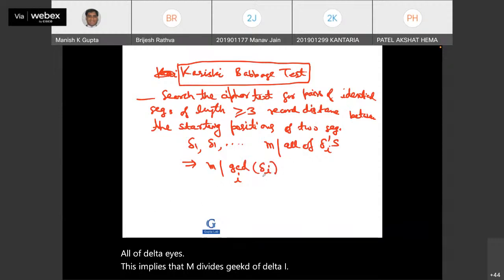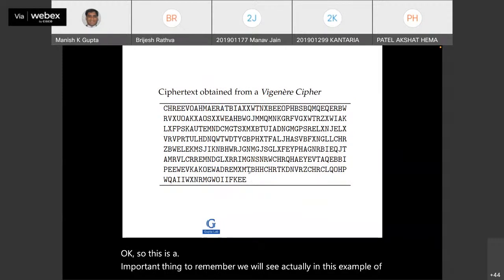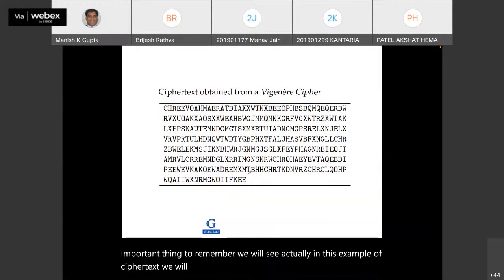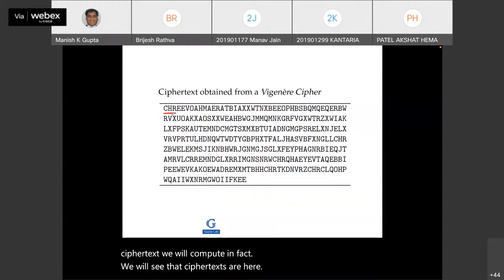So this is an important thing to remember. We will see in this example of ciphertext that we will compute. In fact, we will see that the ciphertext CHR here is at starting position 1, then again at position 166. It will appear again somewhere.